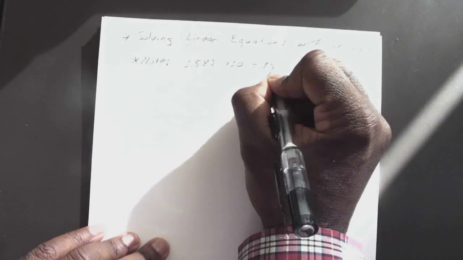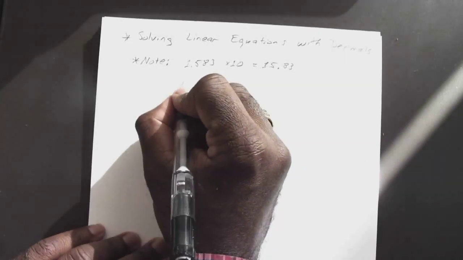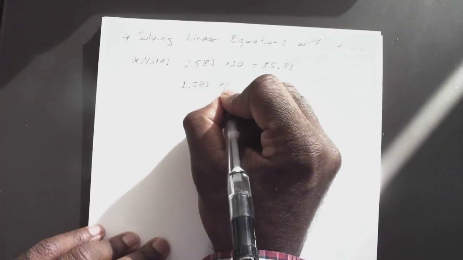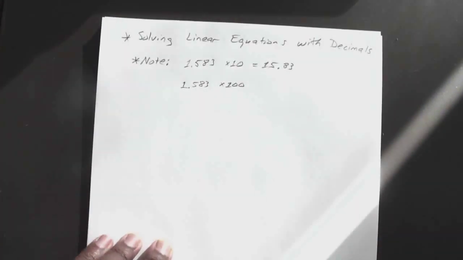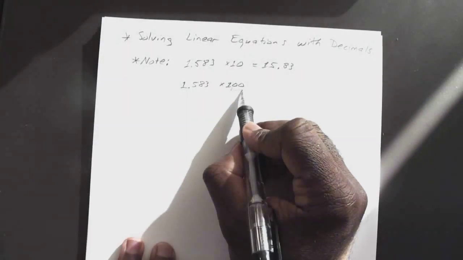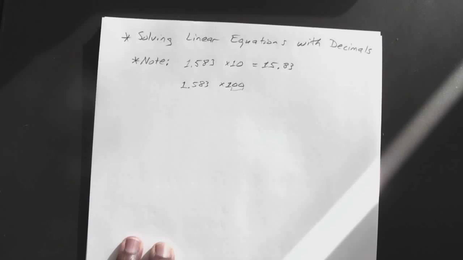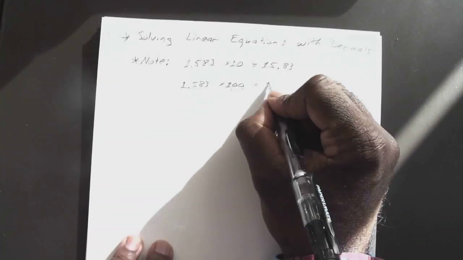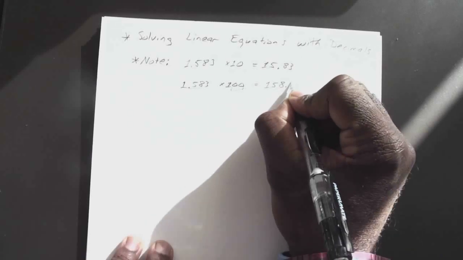That's going to be 15.83. So if you have 1.583 times 100, then you're going to move it twice since you have 2 zeros. So that's going to be 158.3.